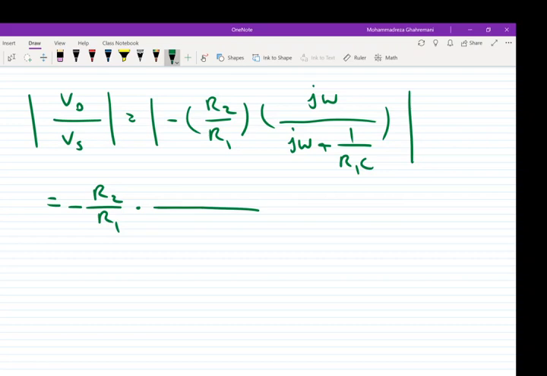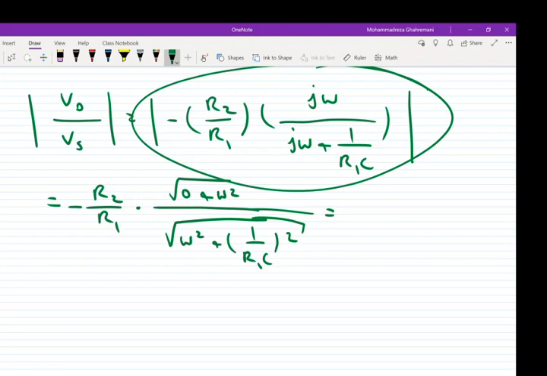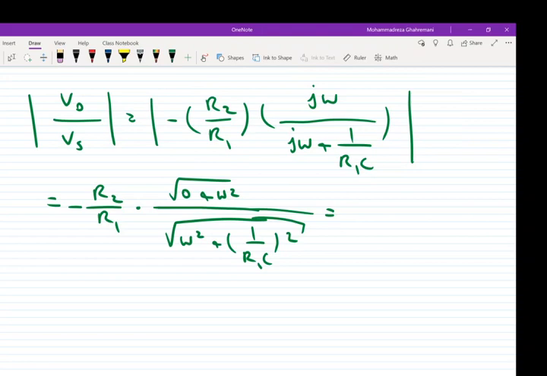So square root of 0 plus omega squared over square root of omega squared plus (1 over R1C) squared is equal to, by the way, because we are talking about the magnitude, we remove the negative sign, because we are just talking about the absolute value, so we show it as positive.